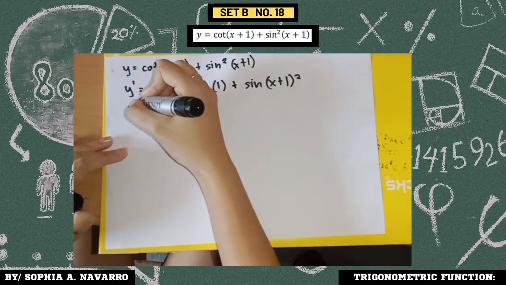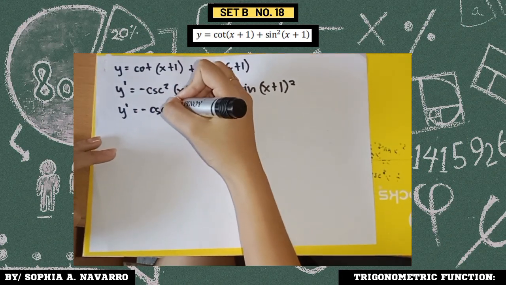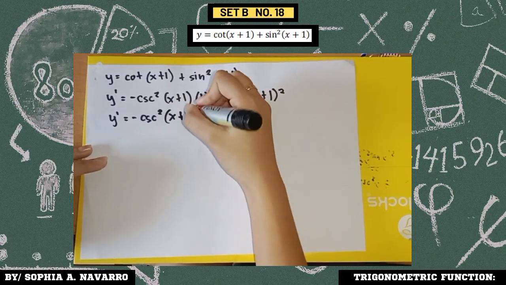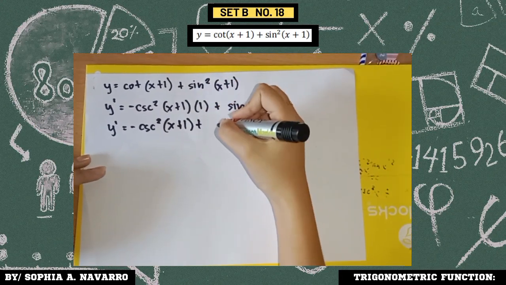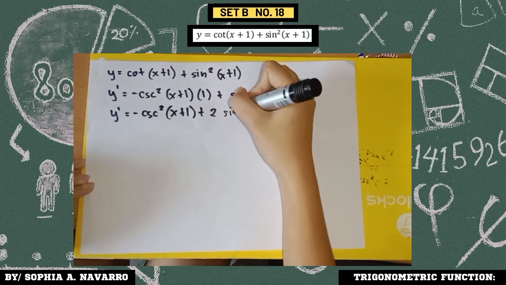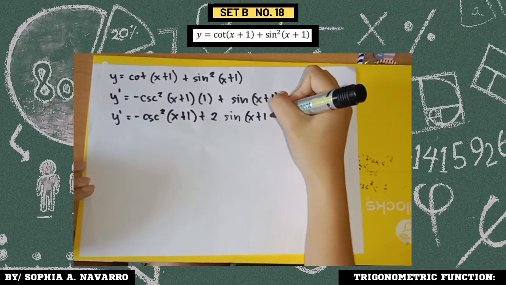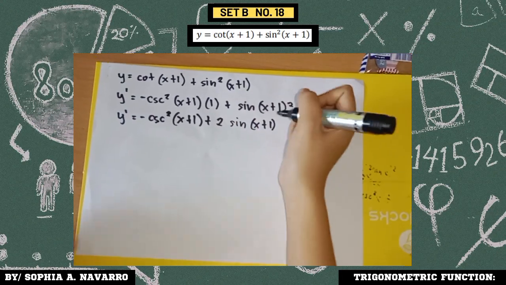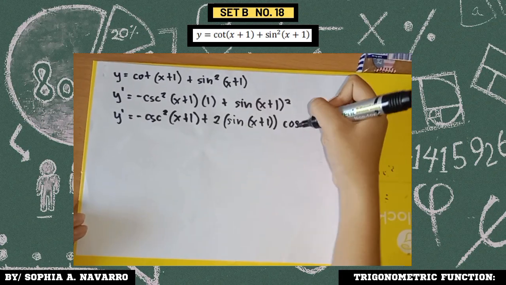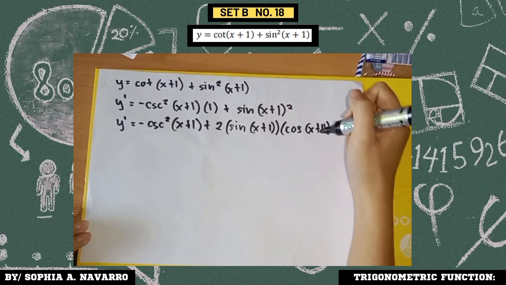And next is negative cosecant squared of x plus 1 plus 2 times sine of x plus 1 times cosine of x plus 1 times 1.